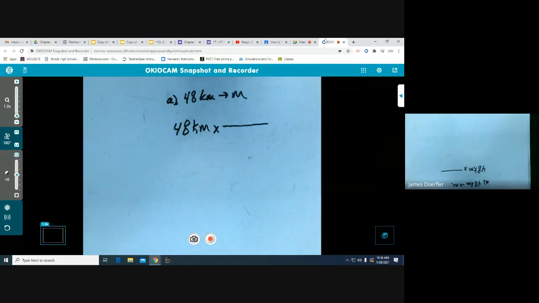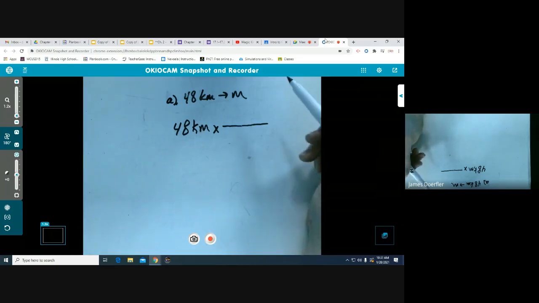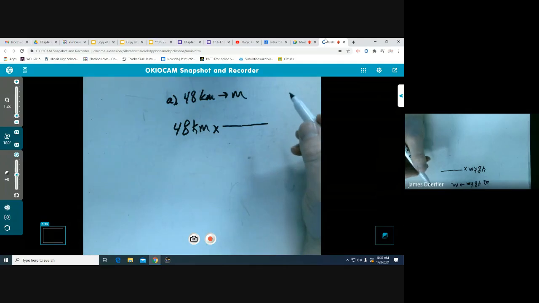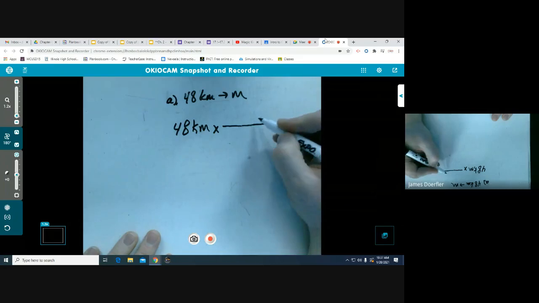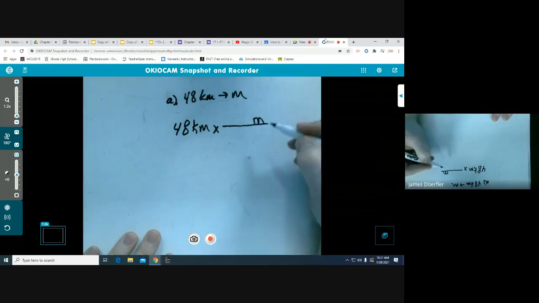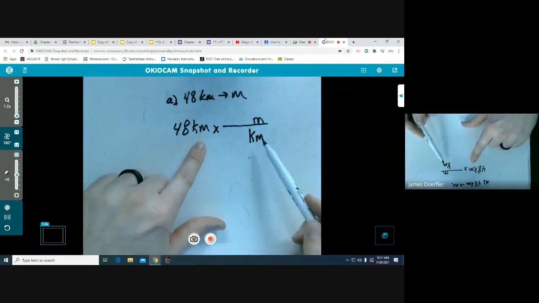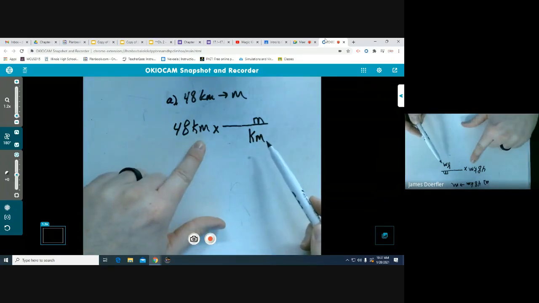And it's very important that whatever unit you are trying to solve for, in this instance meters, you place that unit in the correct location so that it remains there after you cancel out units. In this case, meters goes up top, kilometers goes on bottom. Because what can I do mathematically? I can cross cancel, right?